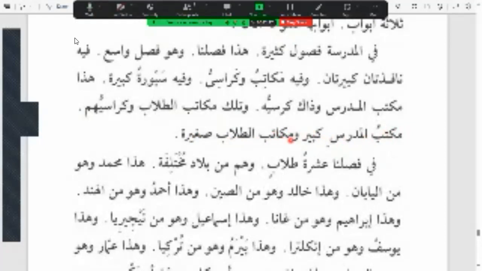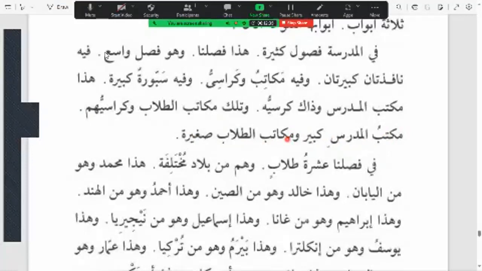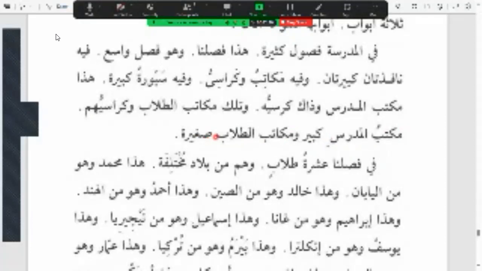Remember, we said kullu jam'i muannath. So when there are many non-sentient things, the na't becomes muannath. That's why we're saying makatibu tullabin saghira. We put a ta marbuta because this has become feminine.